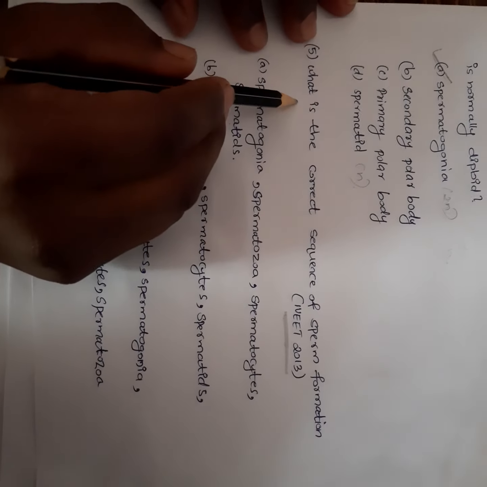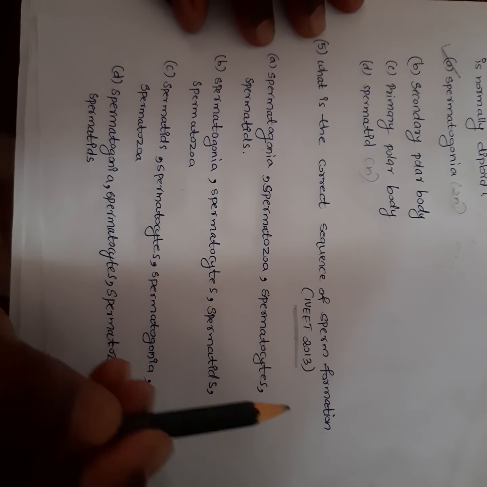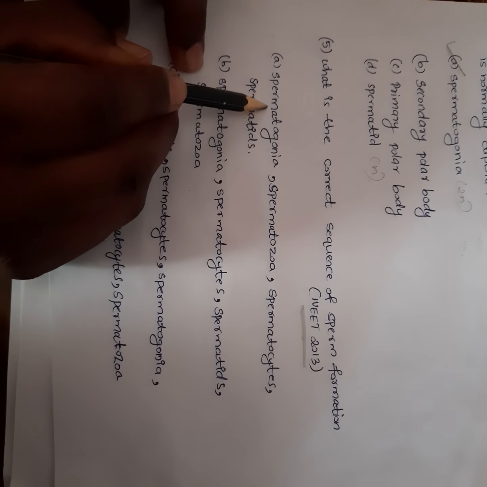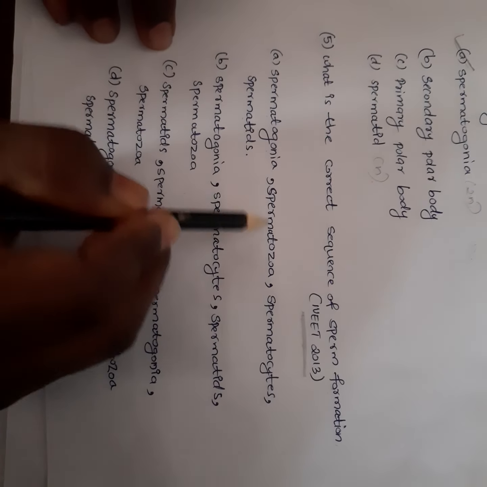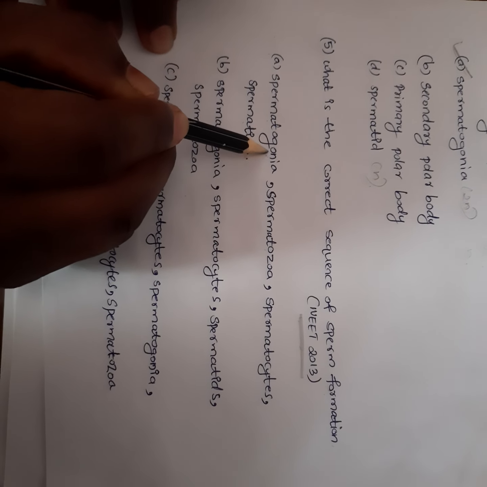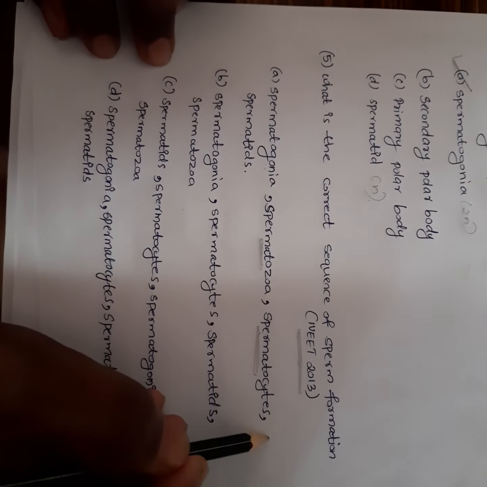What is the question? What is the correct sequence of sperm formation? Very important. Okay, I'm taking the first statement. Let's see whether it is correct or not. First spermatogonia, then spermatozoa. That is incorrect, right? Spermatogonia will convert into spermatocyte, not spermatozoa. So this option is incorrect.